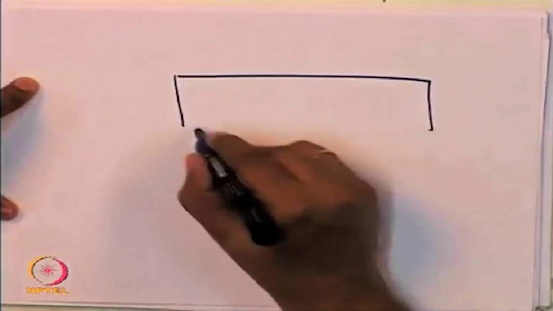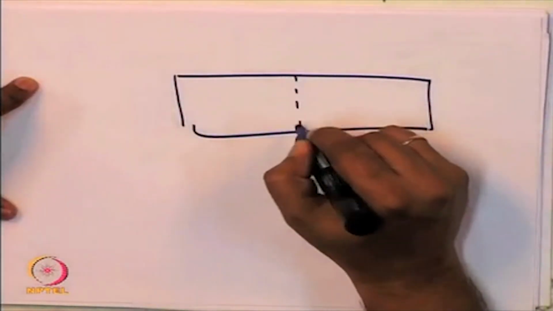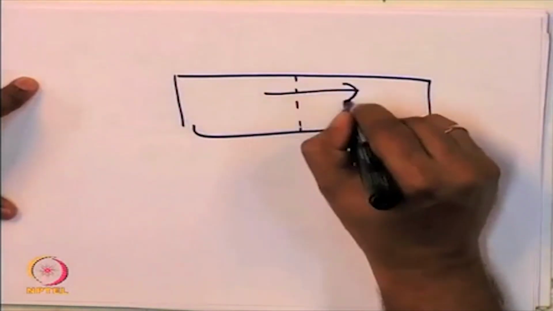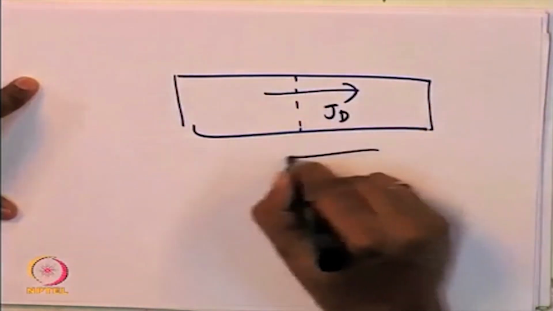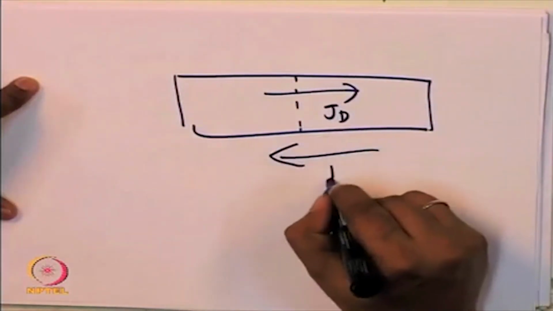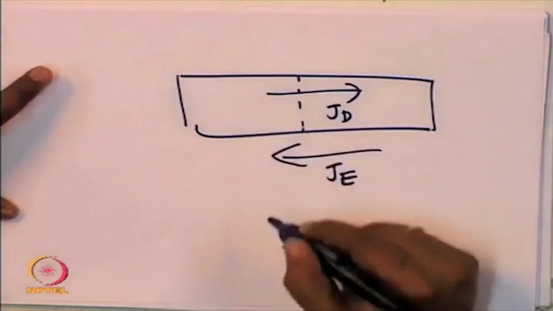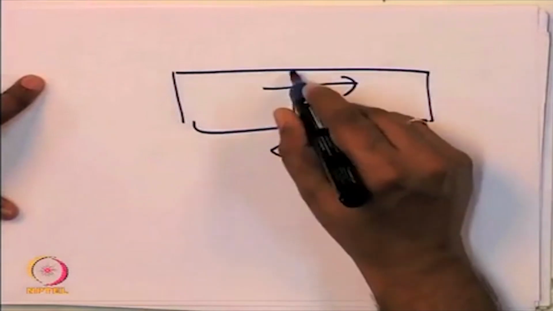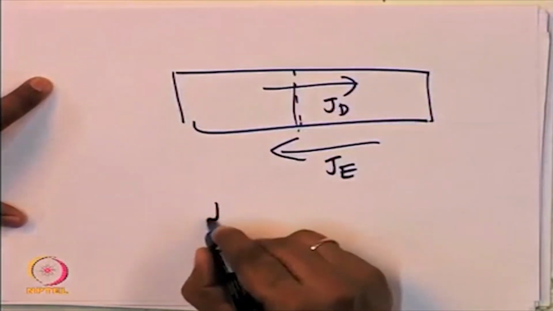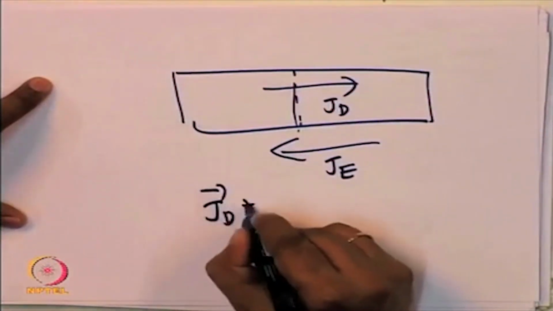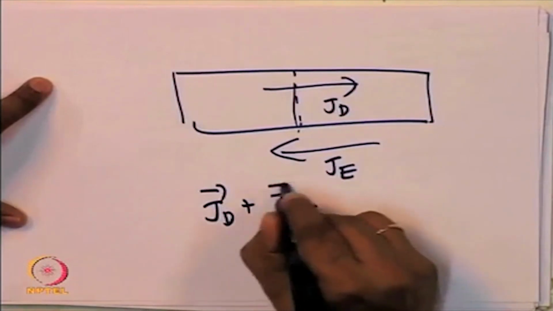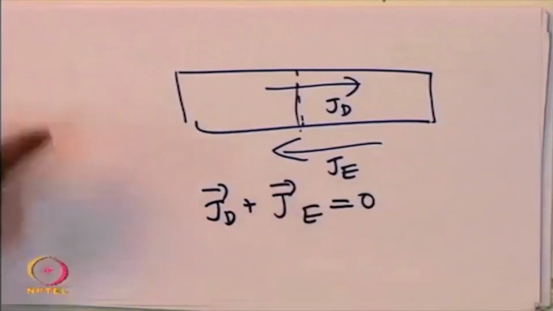What did we say just now? We said that there are two flows: there is J D, and in this way there is J E. They have to be equal and opposite, or in other words, at this point the total flow, J D plus J E, has to be 0.